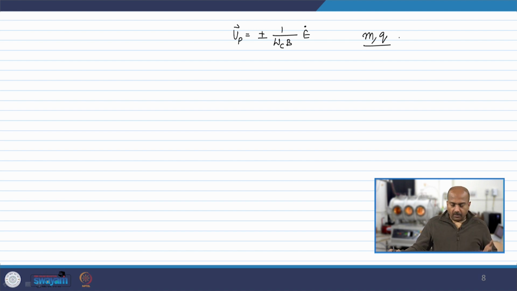Now when the charges are separated, obviously it leads to the formation of currents, or we can also expect some current density because of the separation of charges. So, if you consider a quasi neutral, overall neutral, and collisionless plasma, the polarization drift leads to the formation of current density.